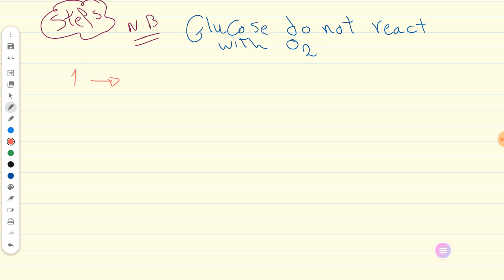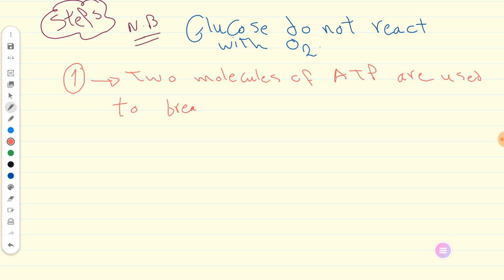So what happens during glycolysis? Firstly, two molecules of ATP are used to break down or split the glucose molecule.